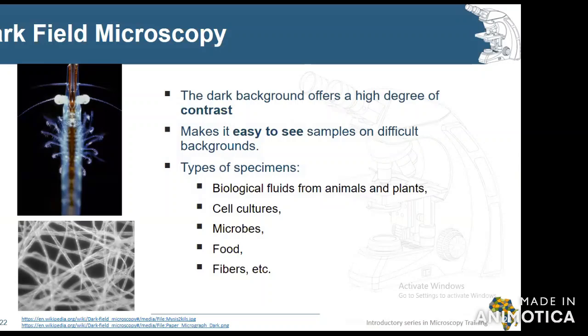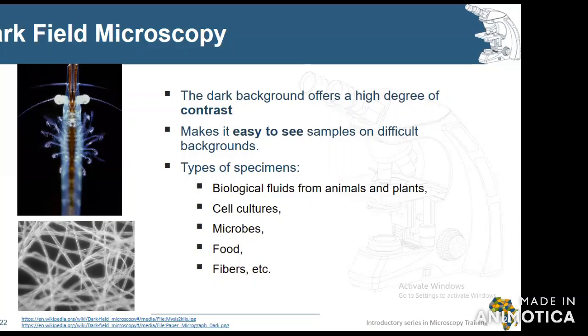Most of the incoming light into the sample is going to be blocked out, and it is only the light that is found around the edge, or let me say the outer rim of the object, that is going to be sent to the sample. So you always have a bright object against a dark background.